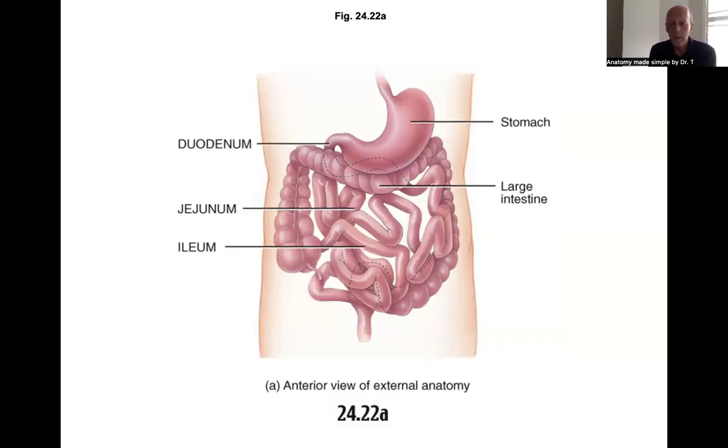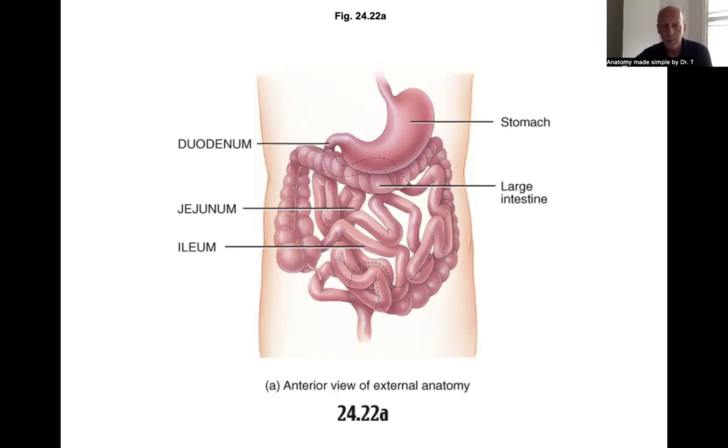Once the chyme has emerged from the stomach, we know it carries significant acidity and a number of different active chemical compounds that were released by the stomach. The chyme enters at the pyloric sphincter into the first part of the small intestine, which is named the duodenum.